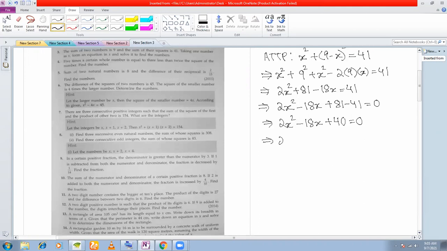Now you can take 2 out. That means you are getting x square minus 9x plus 20 is equal to 0. Now you can solve this quadratic by factorization. What are the factors? Minus 5 and minus 4.